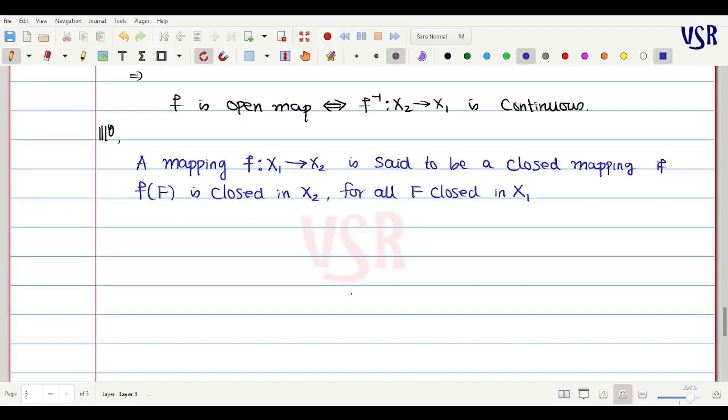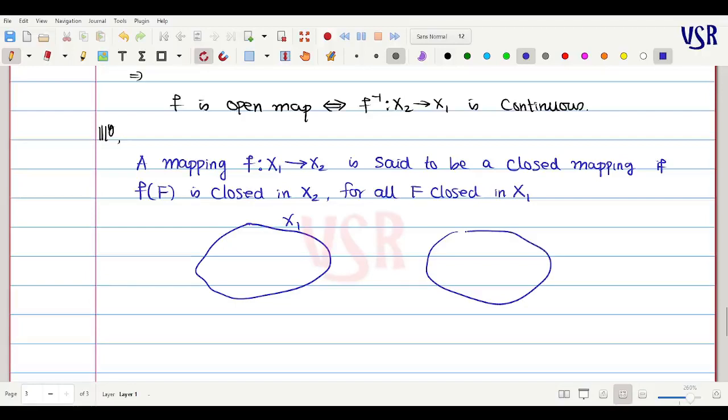That is, this is my X1 and this is my X2. The function between these two is my f. Now I am going to take a closed set here. This is my closed set F, which is given.